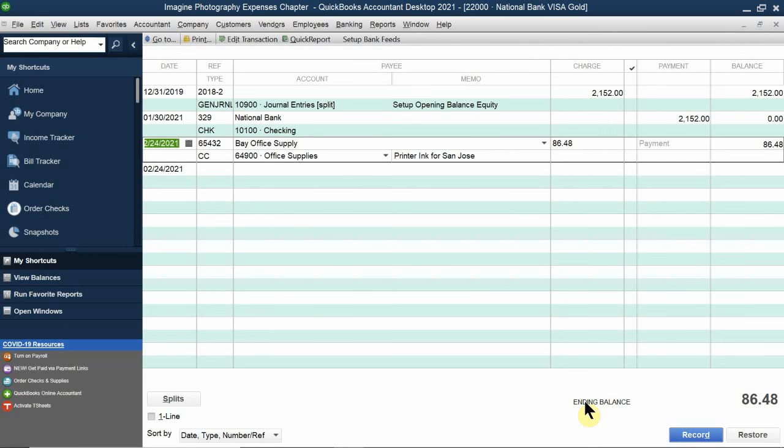So now that I figured out how much I did there, let's go ahead and do another example where we're going to be entering another credit card transaction, okay? This time it's for Rodriguez Rentals, for the 25th of February.